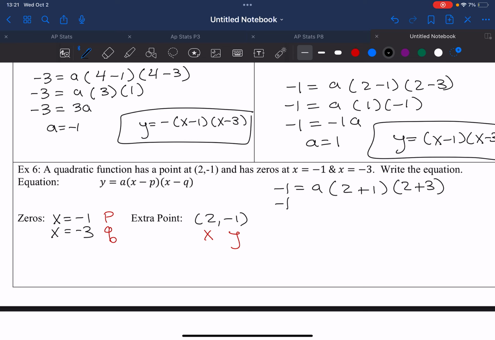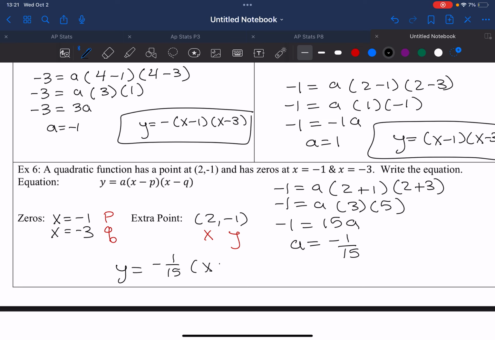So I have -1 is equal to a times 3 times 5. So -1 is equal to 15a. I multiplied them and put them in front of a. Divide both sides by 15, I get a is equal to -1/15, which means my equation is y is equal to -1/15 (x plus 1)(x plus 3).